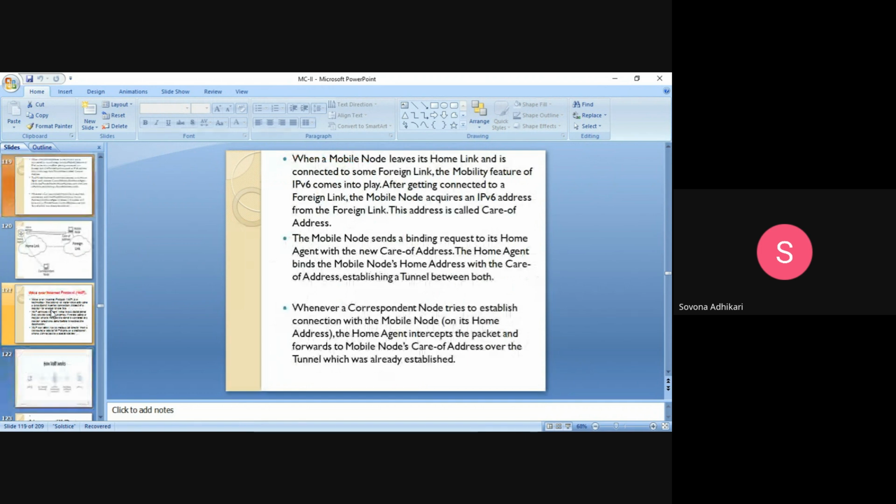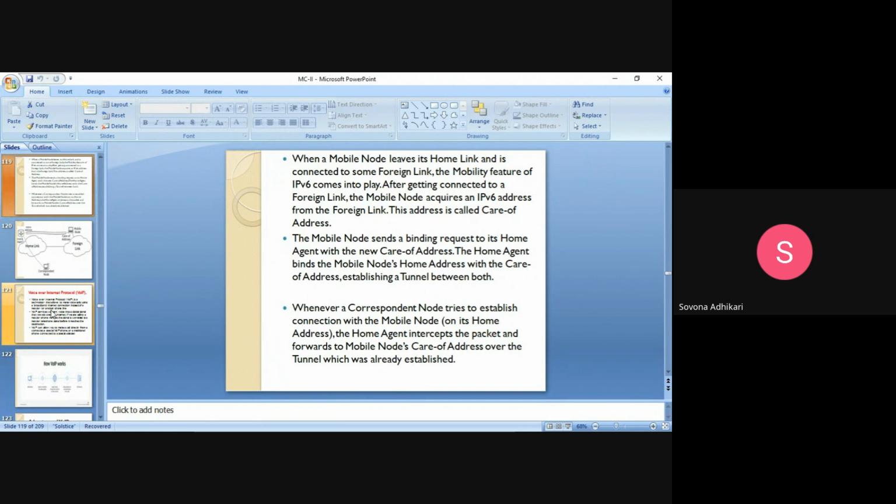But when a mobile node leaves its home link and is connected to some foreign link, the mobility feature of IPv6 comes into play.